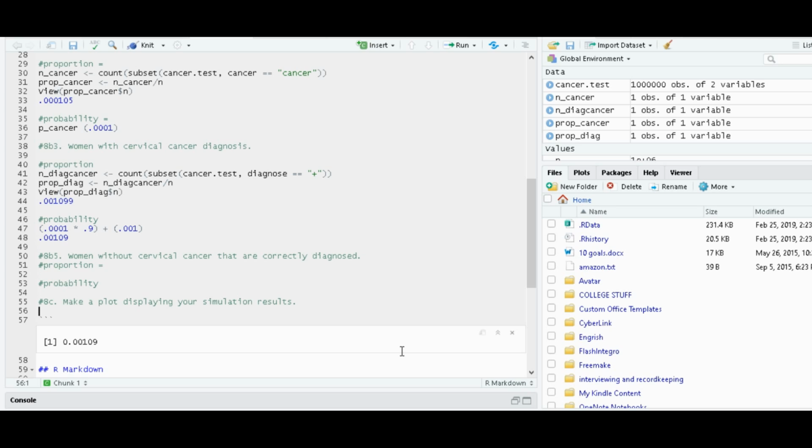And this is the proportion of women without cervical cancer that are correctly diagnosed. So without cervical cancer, we're going to do this again. And these women are the ones who are correctly diagnosed. So n subset, except this is going to be minus, and you then use this handy D. And cancer is also equal to no cancer. Okay.